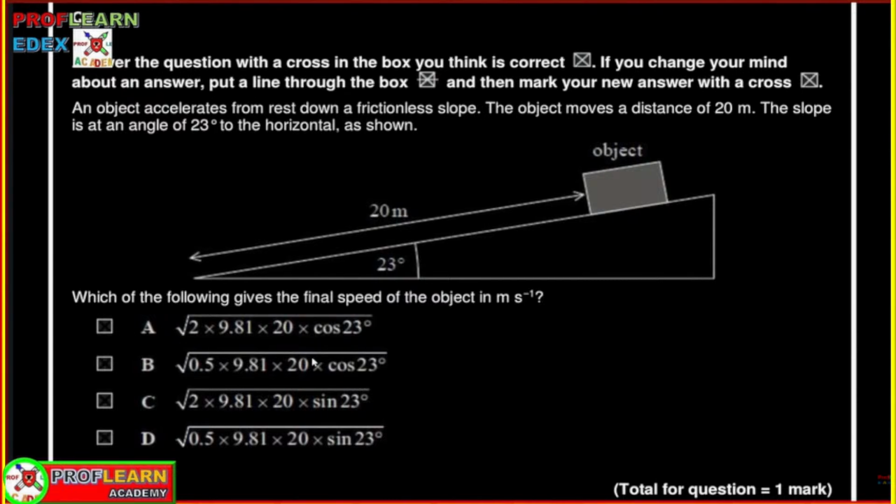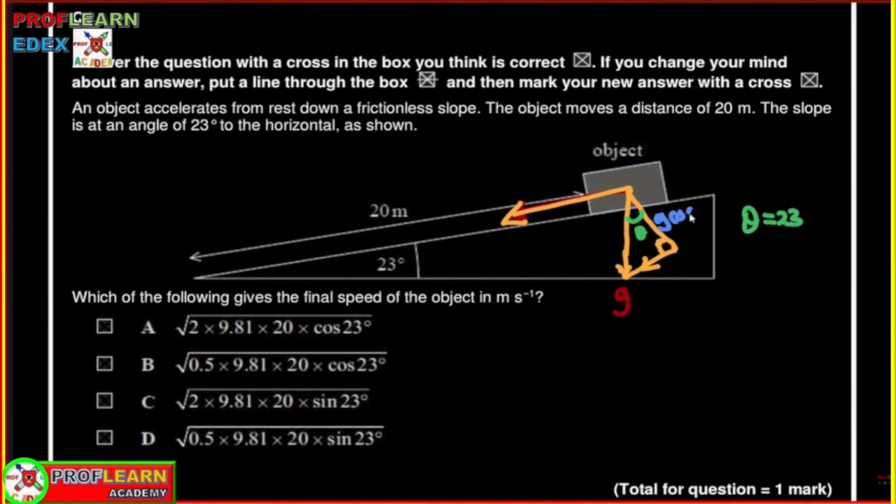Now, we need to understand that gravity acts vertically down like that. So this is g. Then we can resolve g along the inclined plane and normal to the inclined plane, and this angle is 90 degrees. This angle here is equal to 23 degrees, so theta equals 23 degrees.